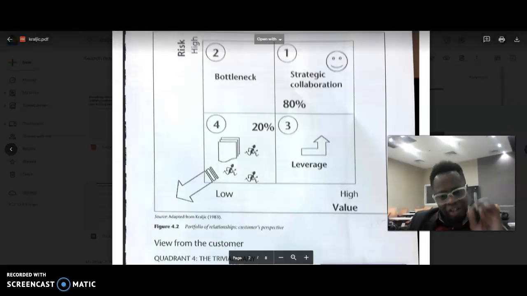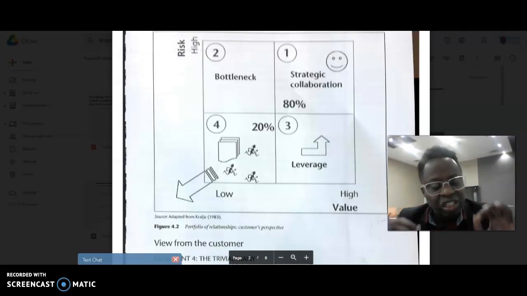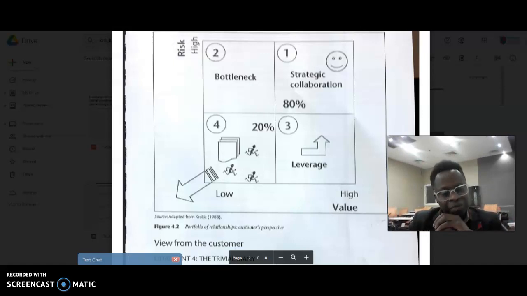So you all understand the Kraljic Matrix, ladies and gentlemen of the jury. Are you with me on the Kraljic Matrix? The Kraljic Matrix is a simple model. It's a model that helps the buyer better organize their relationships. In other words, the buyer will know which relationship to have with their suppliers.